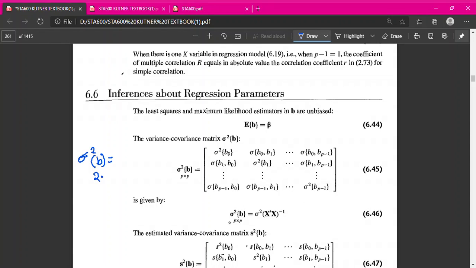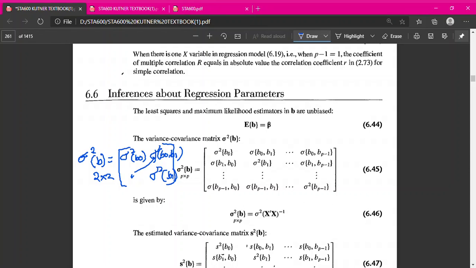The formula is the same, except that your covariance matrix here will have the value of the variance for beta naught, here the variance for beta 1, and here is called the covariance between beta naught and beta 1. Here is the same as this, right? Okay, so for simple linear regression, we will have a 2 by 2 variance-covariance matrix.